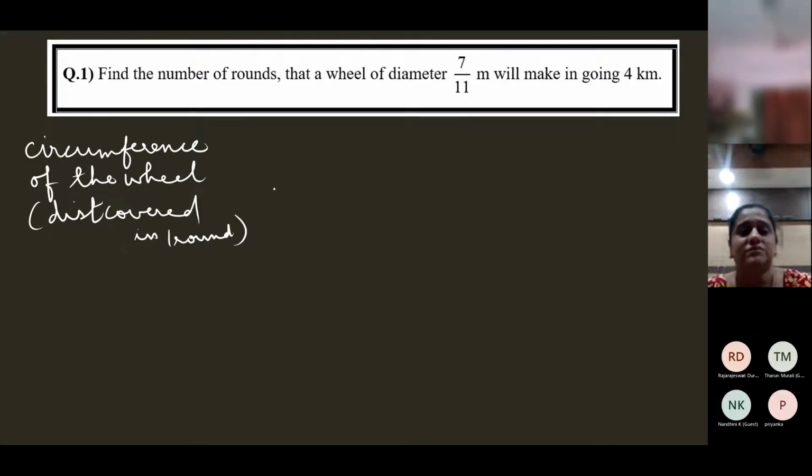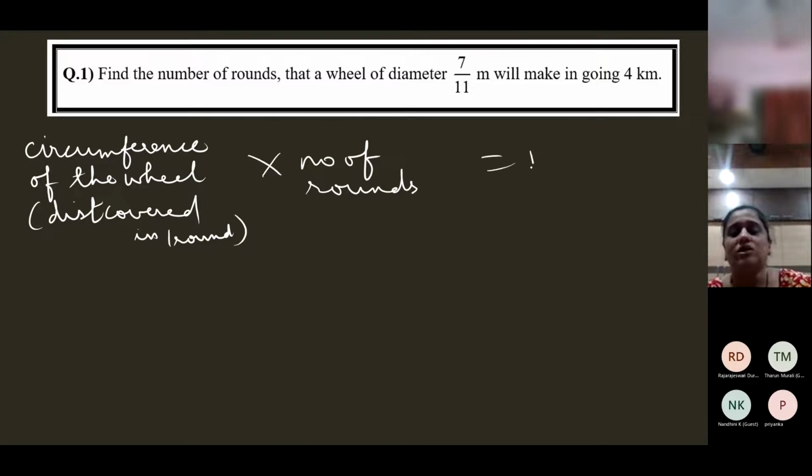Think about it. Circumference is the distance covered in one round. So the distance covered in one round into the number of rounds will be the total distance you have covered.